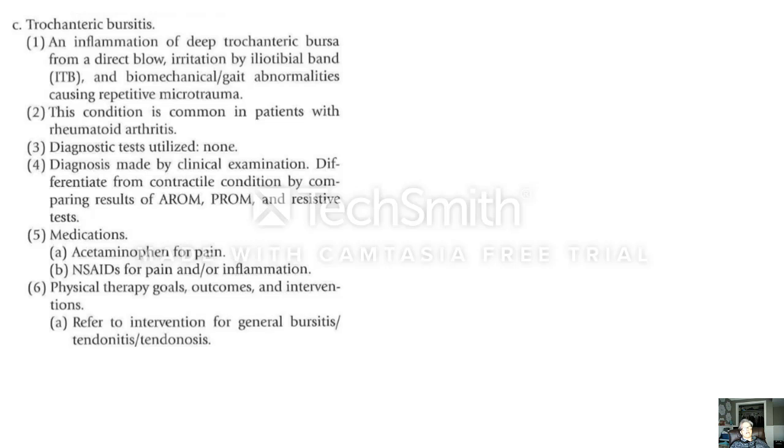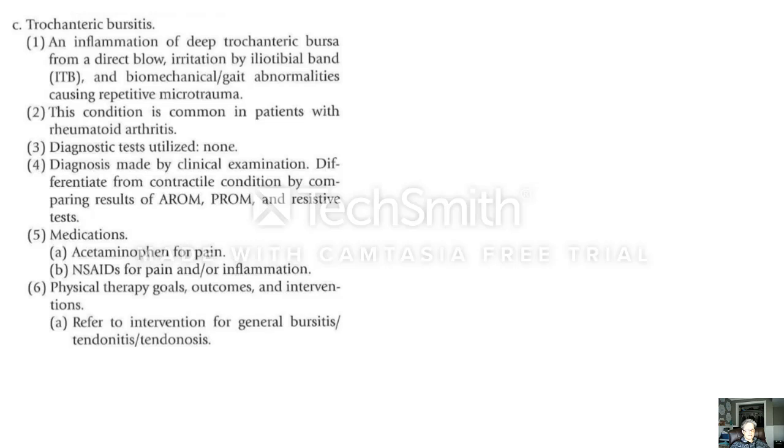There are no diagnostic tests. Diagnosis is made by clinical examination, differentiating from a contractile condition by comparing results of active range of motion, passive range of motion, and resistive testing. Medications include acetaminophen for pain and NSAIDs for pain and/or inflammation.